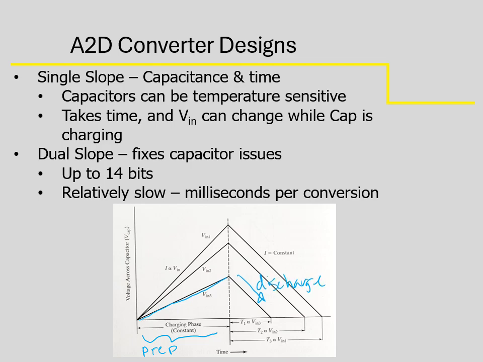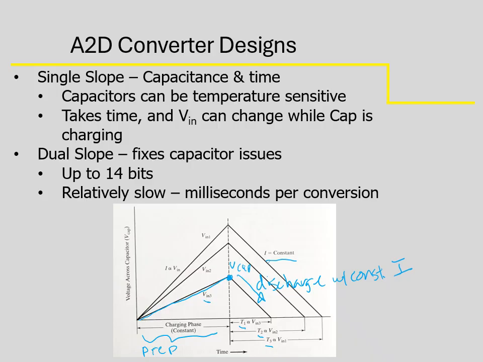Because of the way the circuit is designed, the current is constant as we discharge. As a result, the time it takes to discharge, T, will be directly proportional to the voltage that the capacitor was charged to, which was proportional to the input voltage.